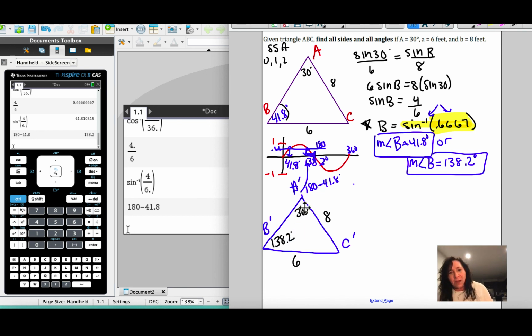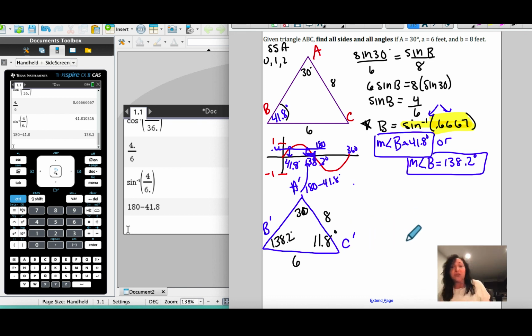Now, 138.2 plus 30, right? What is that? 168.2. So 180 minus 168.2 gives me 11.8. So this triangle exists, right?